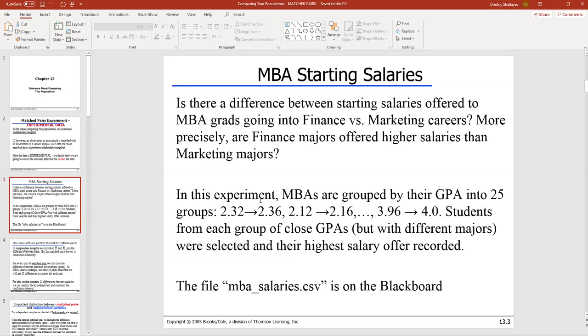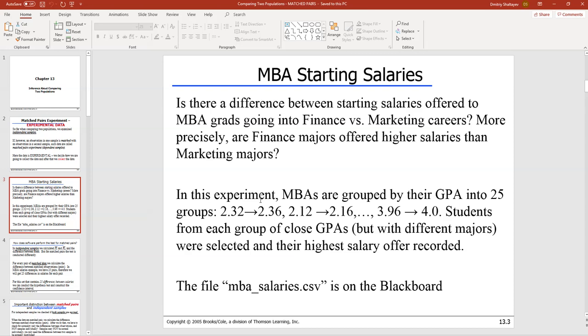So the degree itself: in what field are you going to start working? Another factor might be the GPA. GPA tells future employers how well you performed in classes, and if your GPA is low, that's a red flag for them, so they're not inclined to offer as much money.